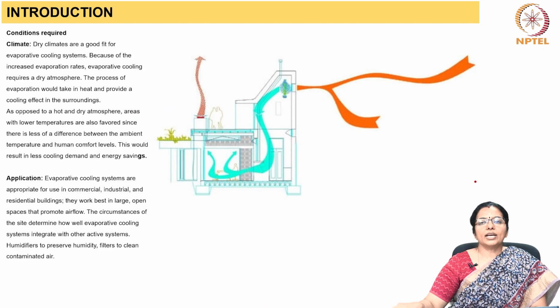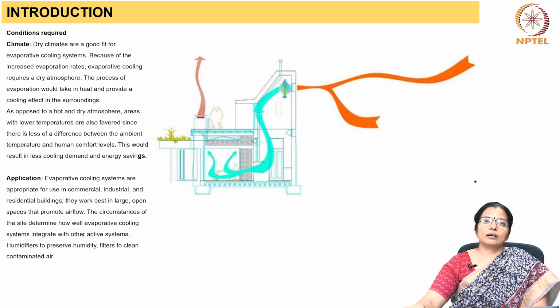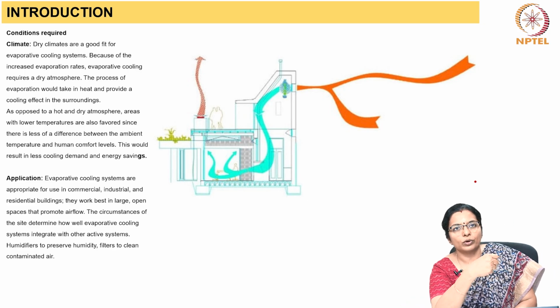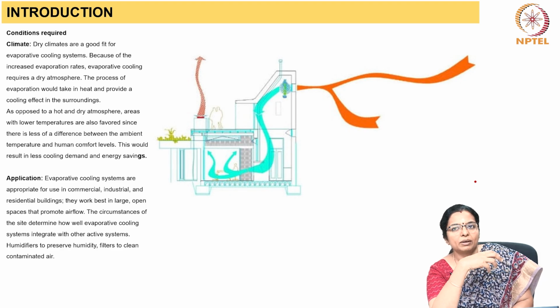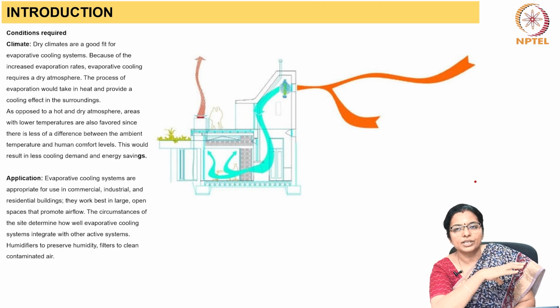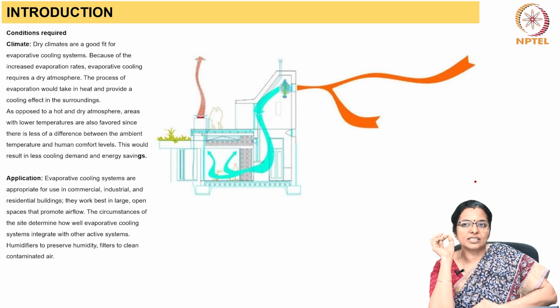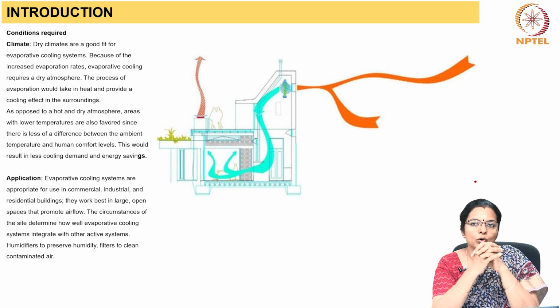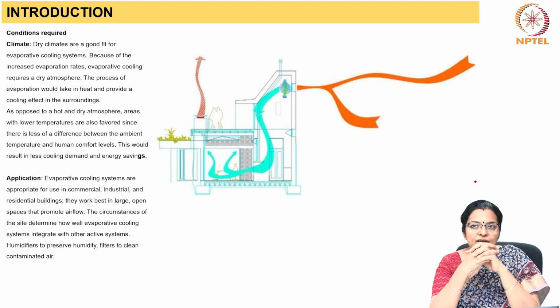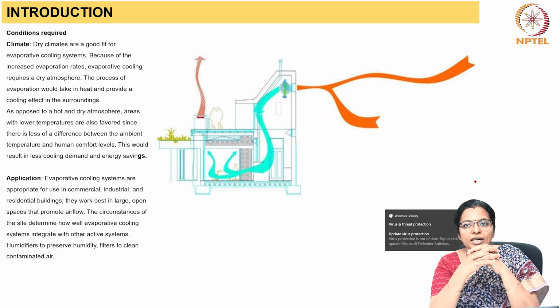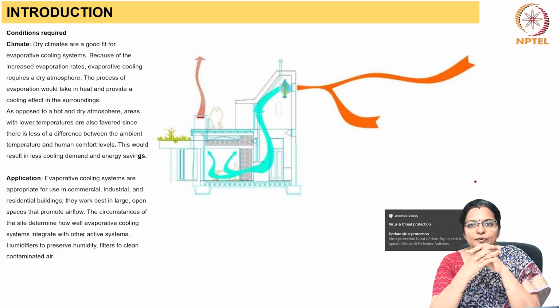Now, what are the conditions required for passive downdraft cooling to work? First, the climate has to be mostly hot and dry. Dry climates are a good fit for evaporative cooling systems because of the increased evaporation rates. Evaporative cooling requires a dry atmosphere.